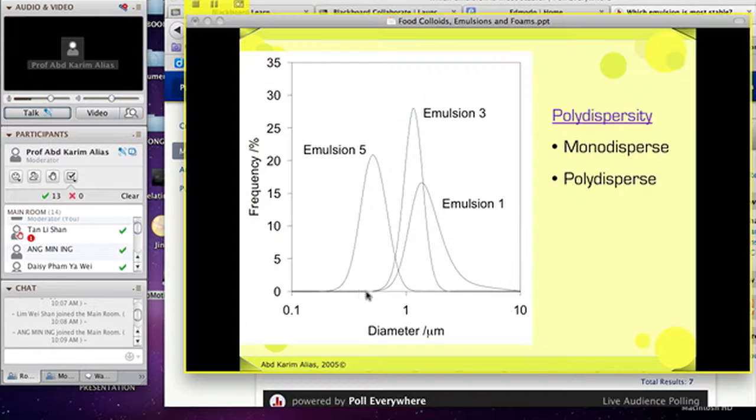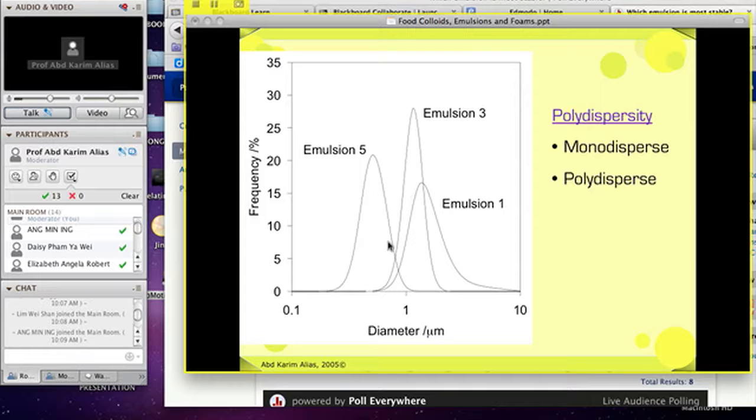Okay, now this is the diagram: emulsion 1, emulsion 3, and emulsion 5. The question is, which emulsion do you think is the most stable based on the droplet size distribution here?